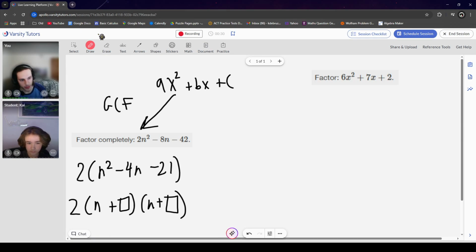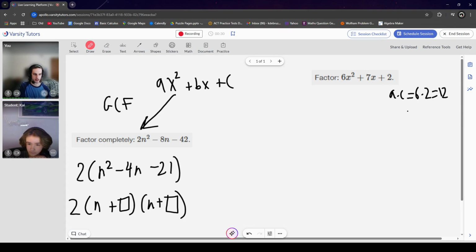The AC method starts with multiplying A times C. These two numbers get multiplied together. For this problem, A times C is 6 times 2, which is equal to 12.